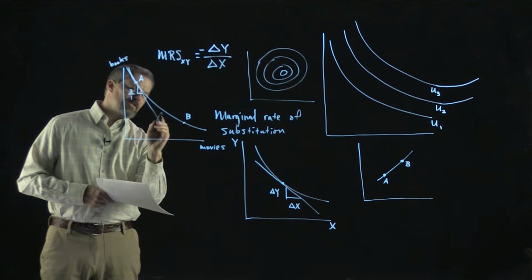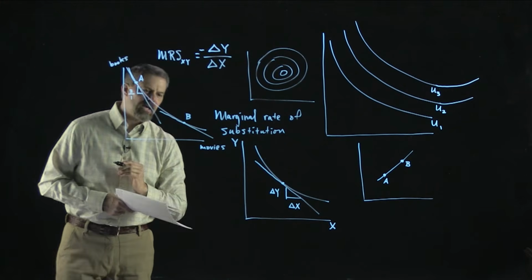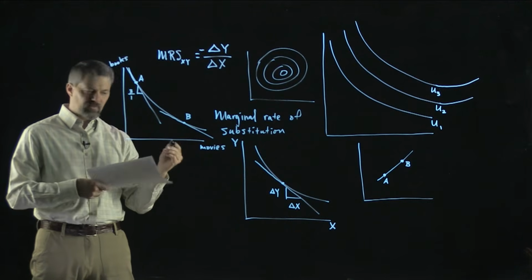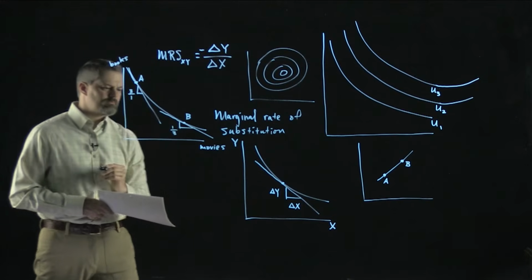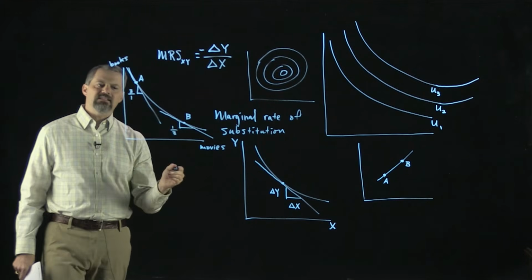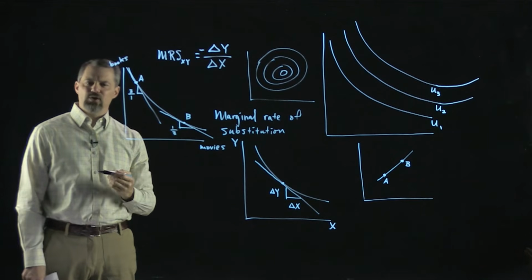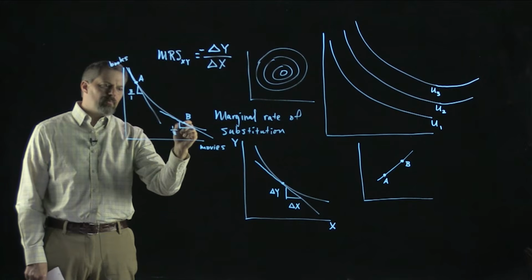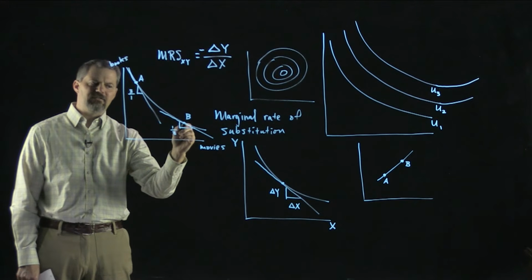On the other hand, let's look at the slope of the indifference curve at point B. And clearly the slope is smaller in absolute value. Let's suppose that the slope down here is 1/3. What this means is that if we take 1 book away, we have to give them 3 more movies to leave them indifferent. And the reason is, starting at point B, compared to point A, we've got relatively few books down here.